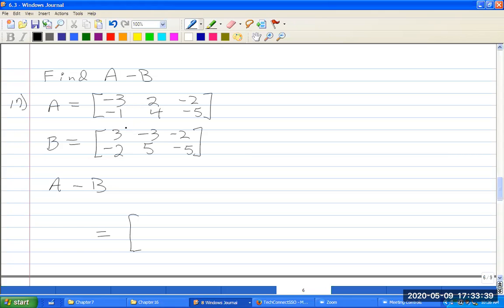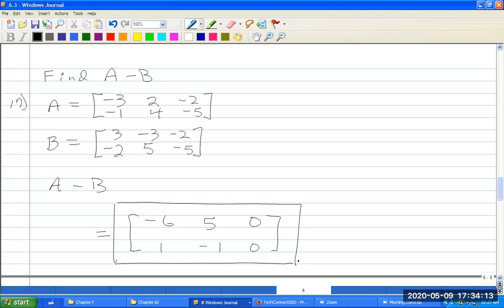Negative 3 minus 3, negative 6. 2 minus a negative 3, 5. Negative 2 minus a negative 2, 0. Negative 1 minus a negative 2, same as 2 minus 1, 1. 4 minus 5, negative 1. Negative 5 minus a negative 5, 0. And so that is the difference of those two matrices.